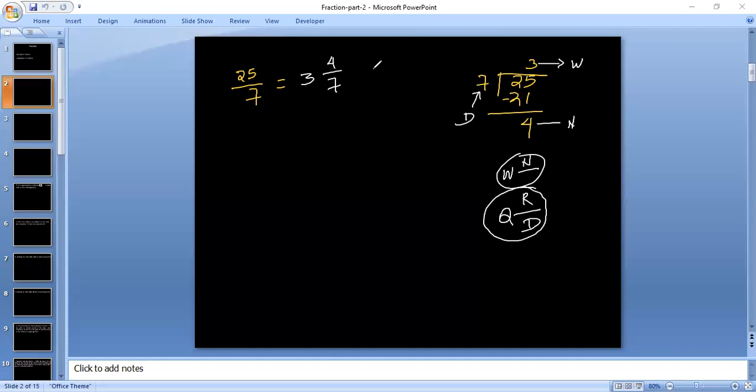3 whole 4/7 means 3 plus 4/7. So that means the value of 25/7 is greater than 3 but less than 4.